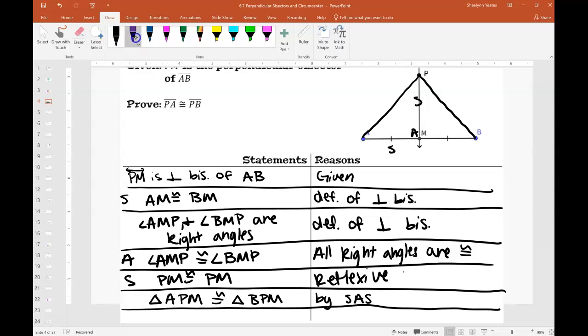I don't know why, but they just are. So now we can say that PA, sorry, I got distracted, PA is congruent to PB because corresponding parts of congruent triangles are congruent. Fantastic.